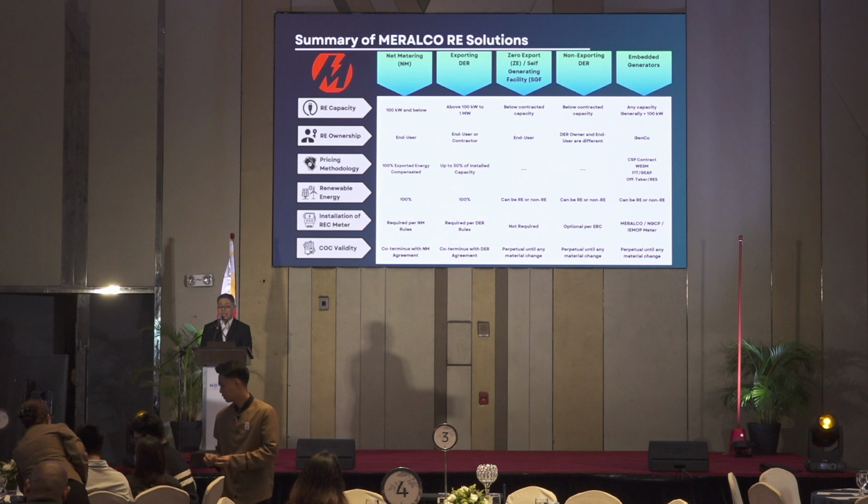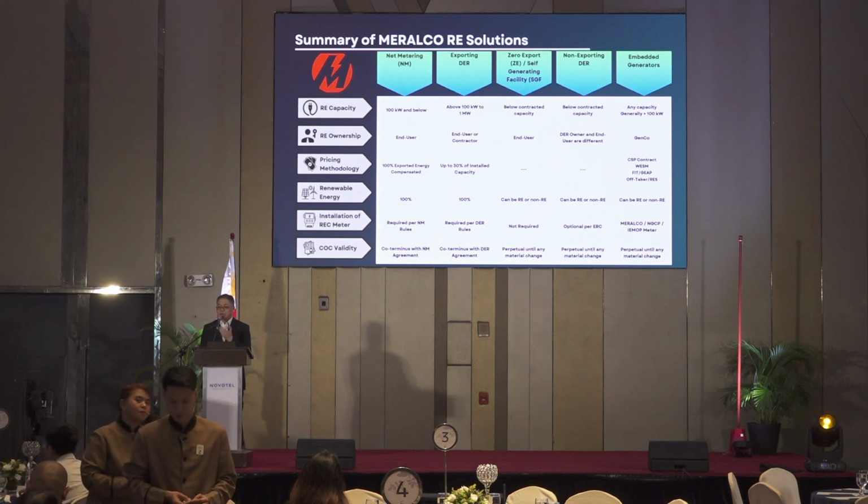For pricing methodology, this is particularly for the exported energy. For net metering, 100% of your exported energy, if any, is compensated. And for exporting DER, up to a maximum of 30% of your installed capacity will be compensated. And then in Meralco's case, both net metering and exporting DER are 100% RE.